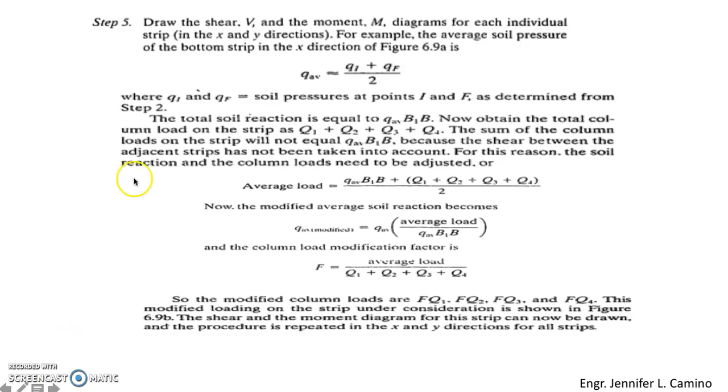Then afterwards, we draw the shear and moment diagram for each individual strip in the x and y directions. For example, take the average soil pressure at the bottom strip in the x direction, based on our figure.